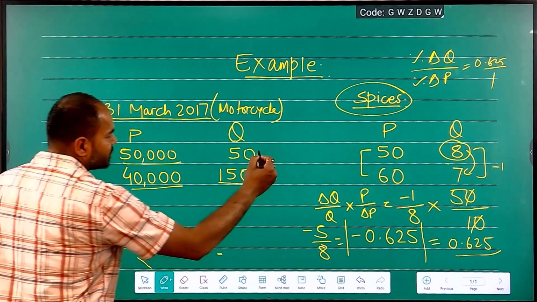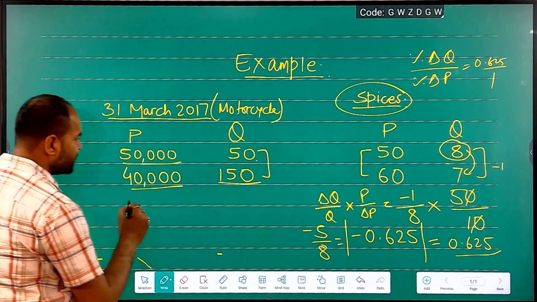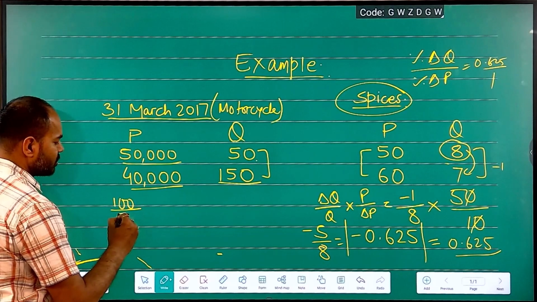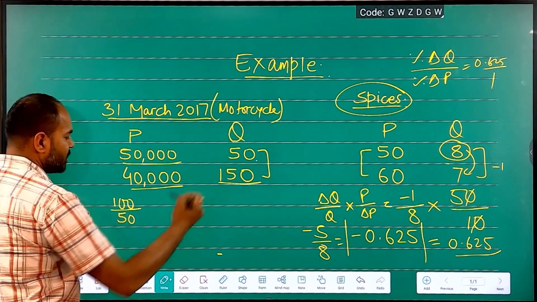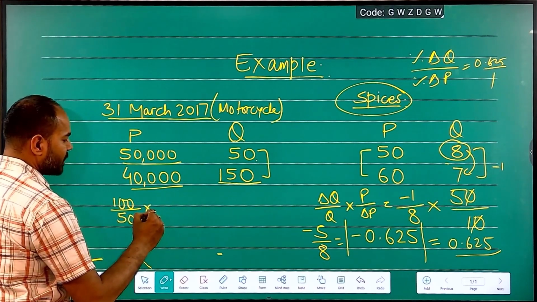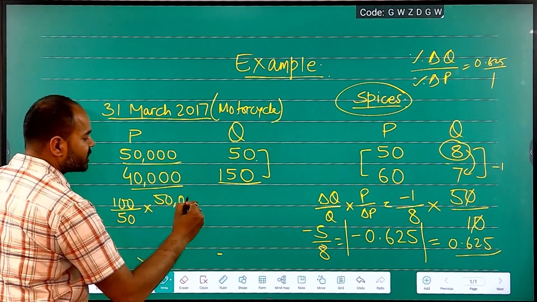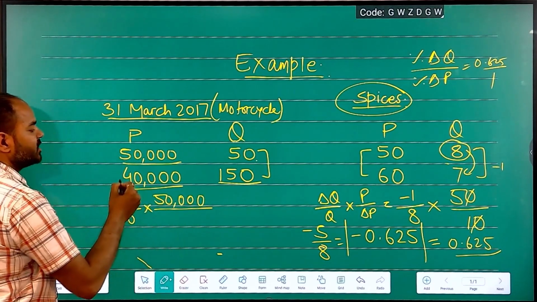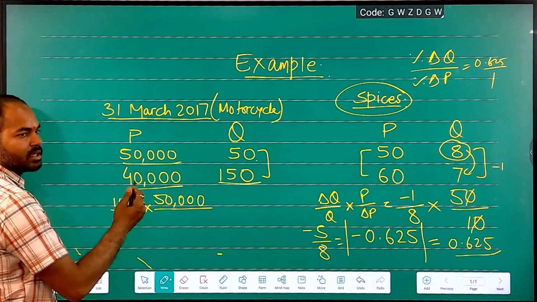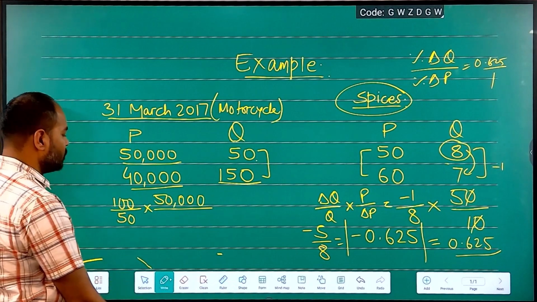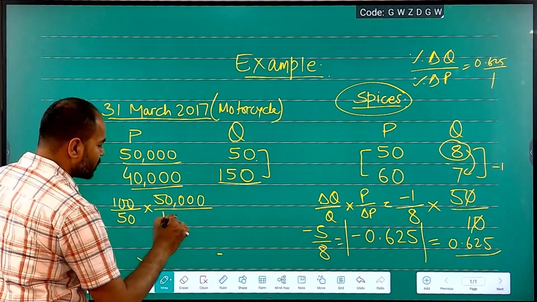What happened? Change in demand. How much change in demand? Demand increases by 100 upon demand, the base value, multiplied by P. What is P? The base value, 50,000. What is the change in price? Change in price, minus 10,000. And as we have already discussed, we are not going to see the negative value. Why? I will discuss later. So what is the change?